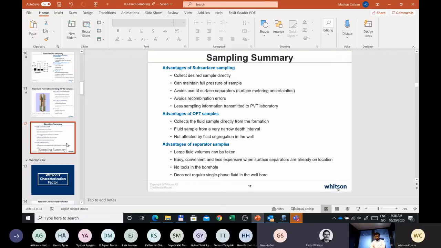So if you have a saturated gas-oil system, that is a much more accurate and efficient way of getting the correct reservoir equilibrium gas composition, but it really only works if you have a saturated GOC.